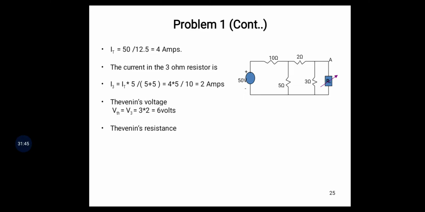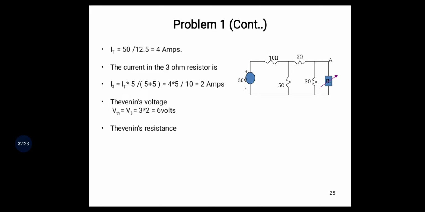This 4 amperes is divided between 5 ohms and 2 plus 3, again 5 ohms. So it is divided into two parts, across the 5 ohms and across the series combination of 2 and 3 ohms. Across 3 ohms, according to the current dividing rule, I3 equals IT into 5 divided by 5 plus 5, that equals 4 into 5 divided by 10 equals 2 amperes.